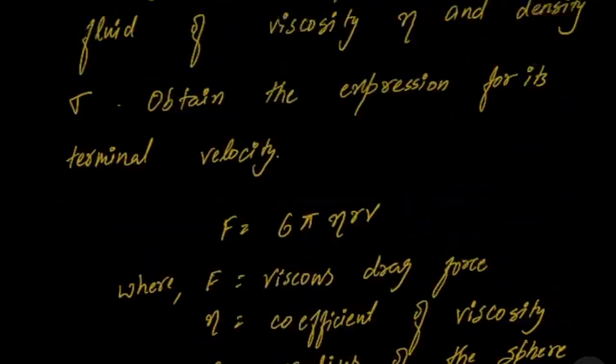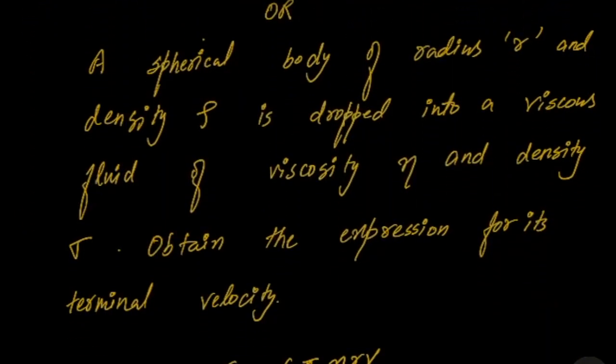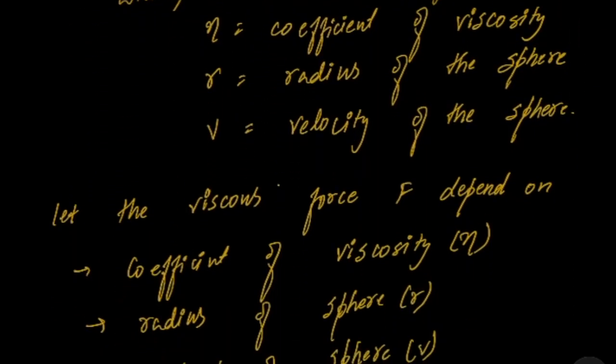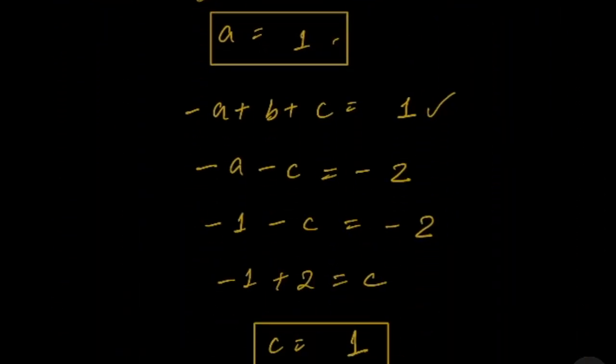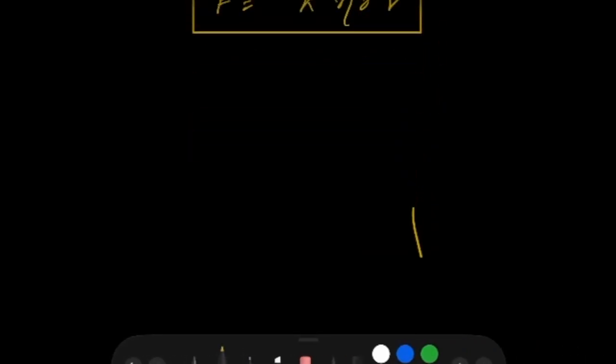Now we will solve the second part. Here a spherical body of radius r and density rho is dropped into a viscous fluid of viscosity eta and density sigma. Obtain the expression for its terminal velocity. So first of all, what is terminal velocity?